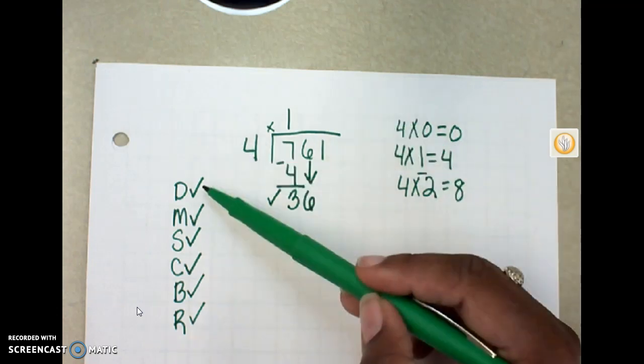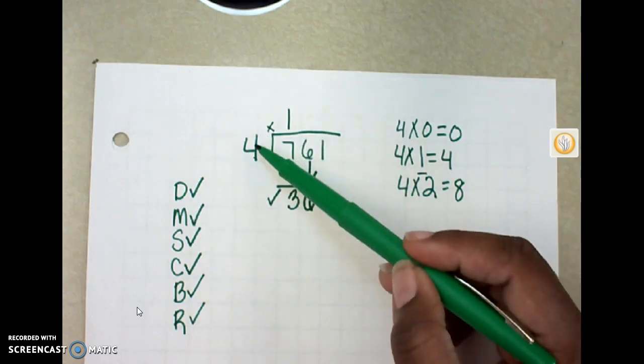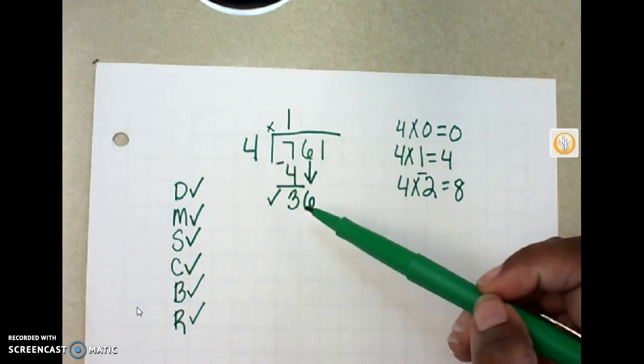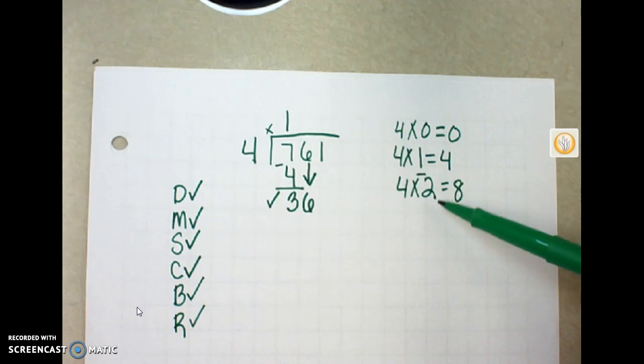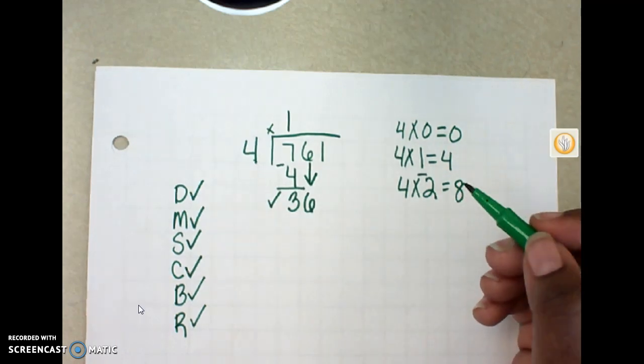So now I am going to divide again. I am dividing 36 divided by 4, or I could think, how many groups of 4 can I pull out of 36? I'm going to multiply by 4 until I get to 36, or I pass it.